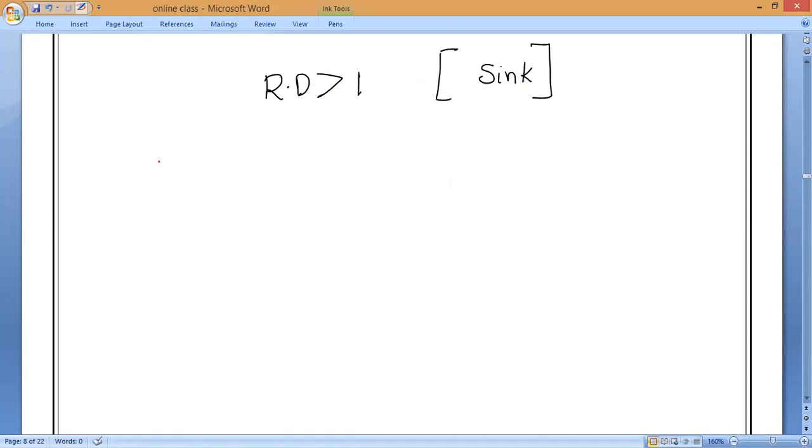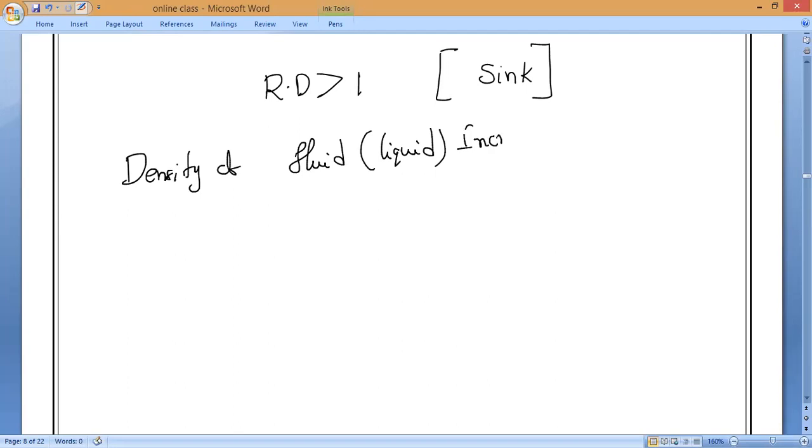Density of liquid increases, so the buoyant force, or upthrust, also increases.